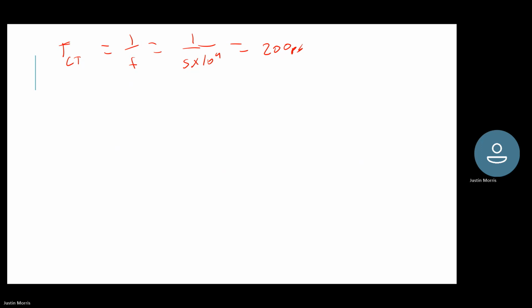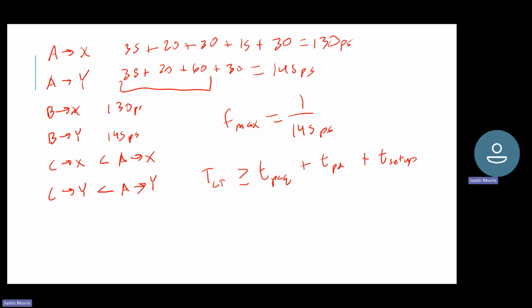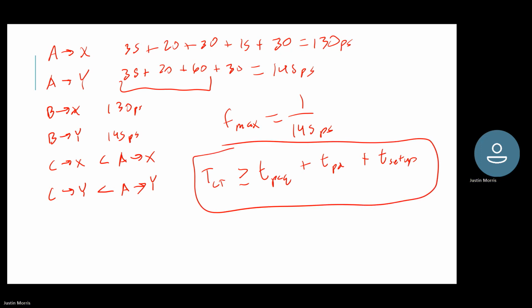Setup, just the maximum time it was asking for. We use the setup equation, right? Yeah, this is the setup equation. So we were looking for this. Which one is the maximum path? And when I was looking for that, I was also adding setup and clock to queue.